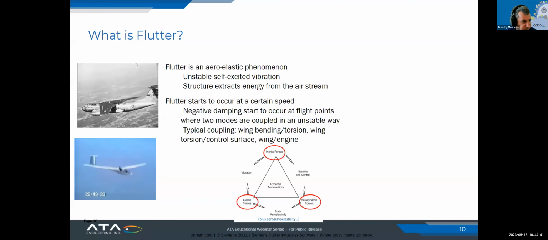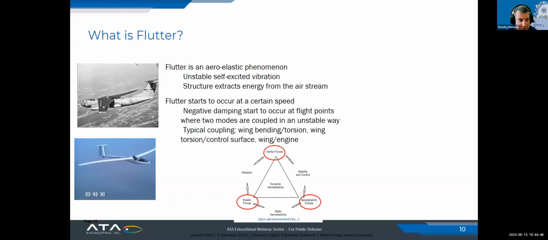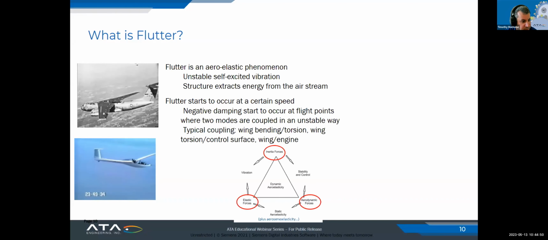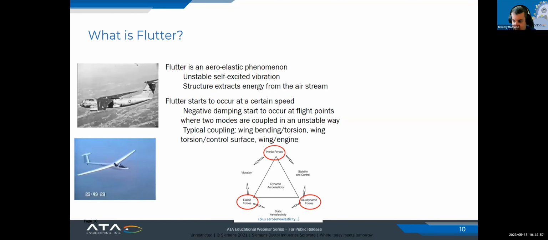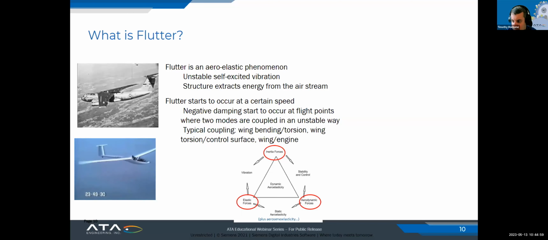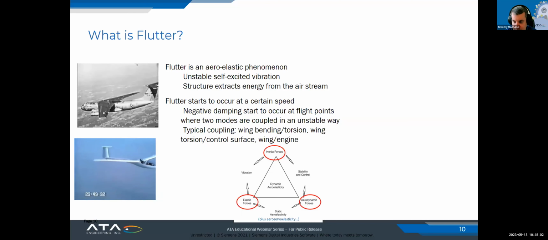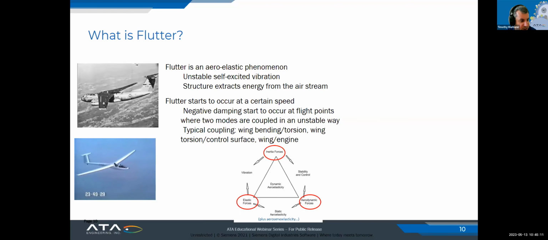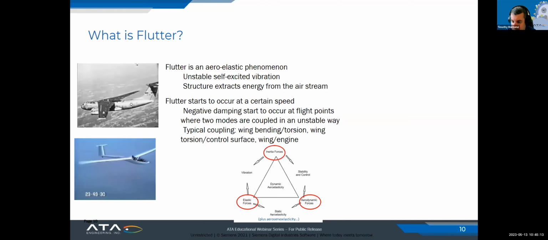You've probably seen these videos or similar videos if you've been in the flutter structural dynamics discipline at all. But basically what you're seeing is very visible movement of the wings. At certain combinations of airspeed and altitude, the dynamic pressure that the aircraft is experiencing can cause the frequencies of the aircraft and its modes to shift.